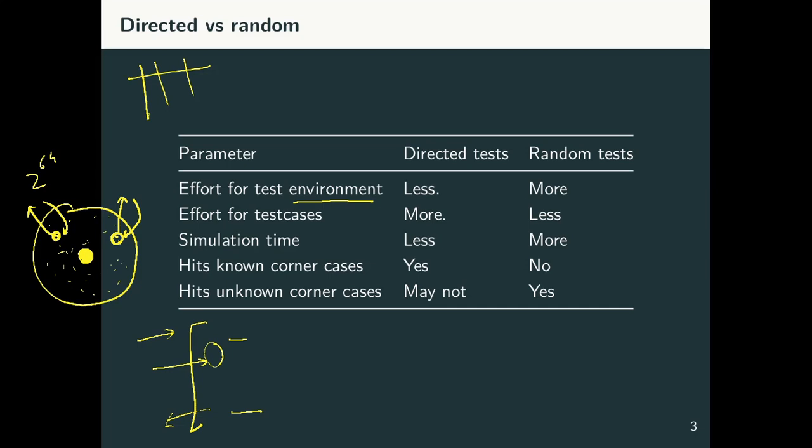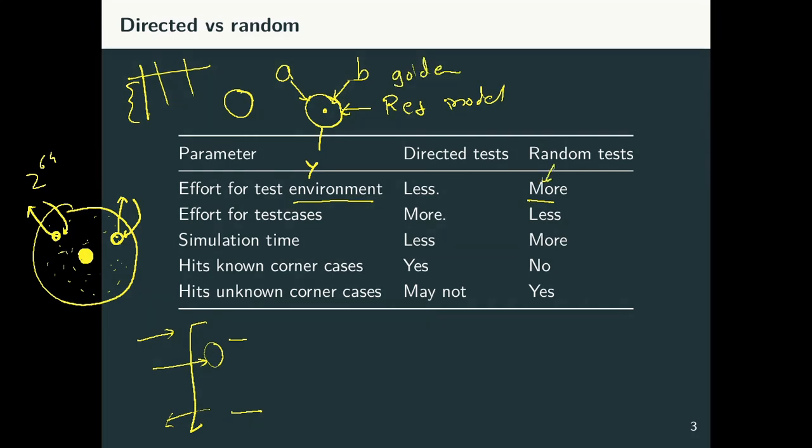In case of random tests, writing out the truth table won't help, because we are randomly generating the value of A and value of B. So whatever logic is being implemented in our DUT, we will have to implement the exact same logic in our testbench, so that we can provide A and B to this and get the output Y. This logic which is used for verification is called a reference model, or also a golden model. So the effort for creating the test environment with random tests is more.